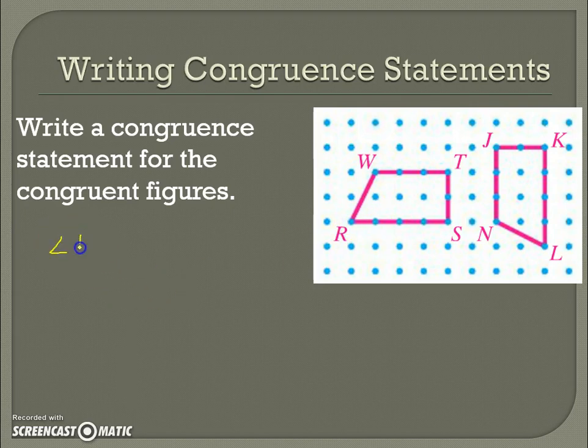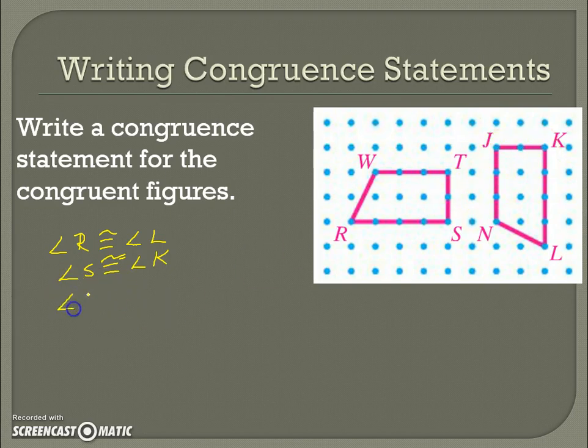So I would say that angle R corresponds to angle, it looks like L over here. And then this angle right here, or let's take a look at S. The one that goes from here, angle S, corresponds to angle K. And then angle T is the one that's up from there.